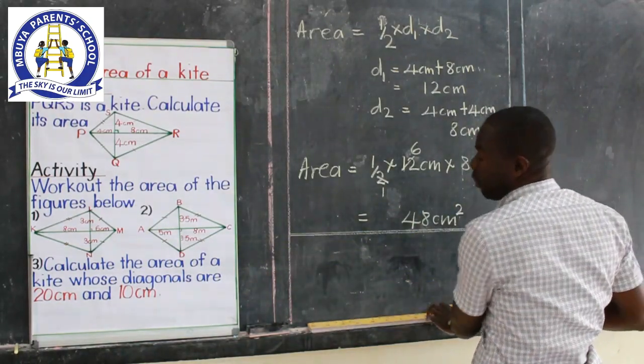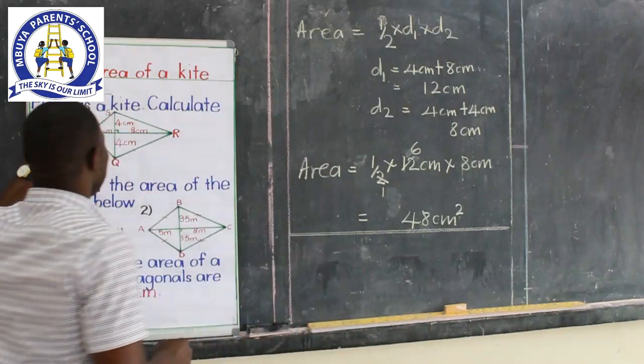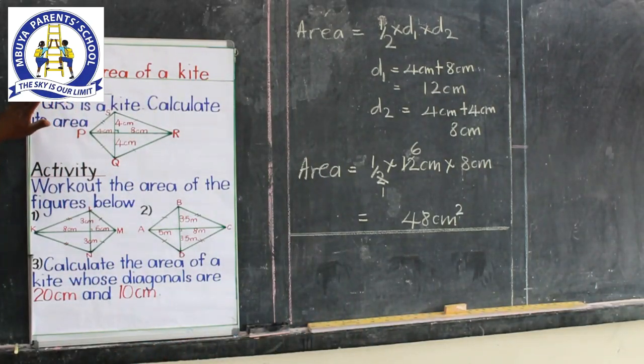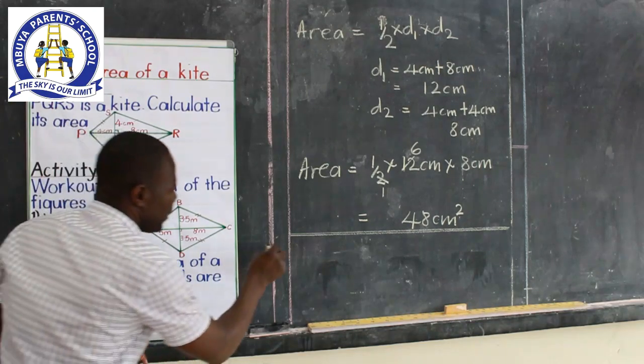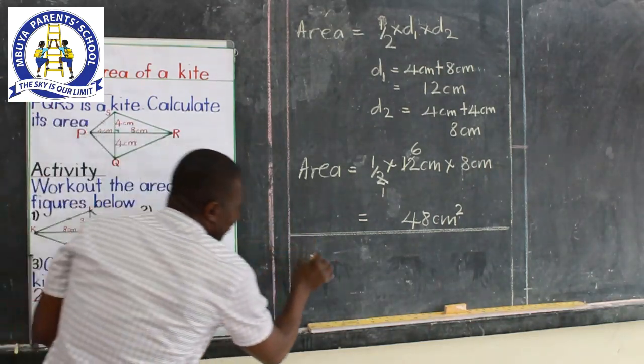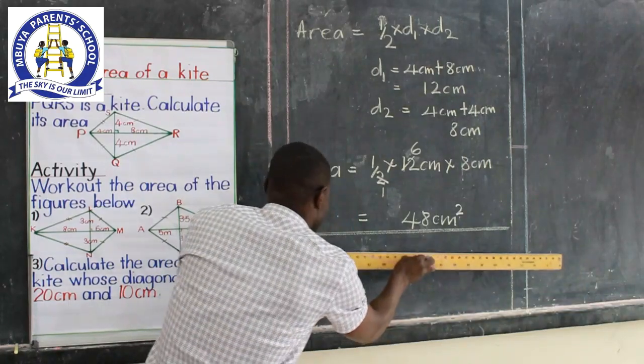We can also have this kite divided into triangles. We can have it drawn.